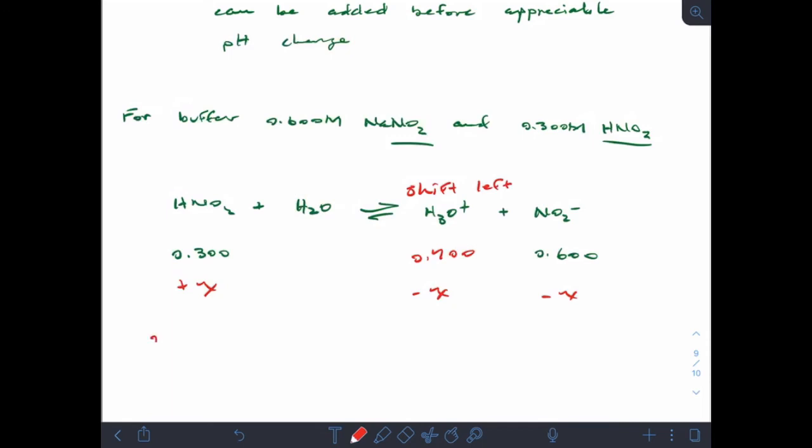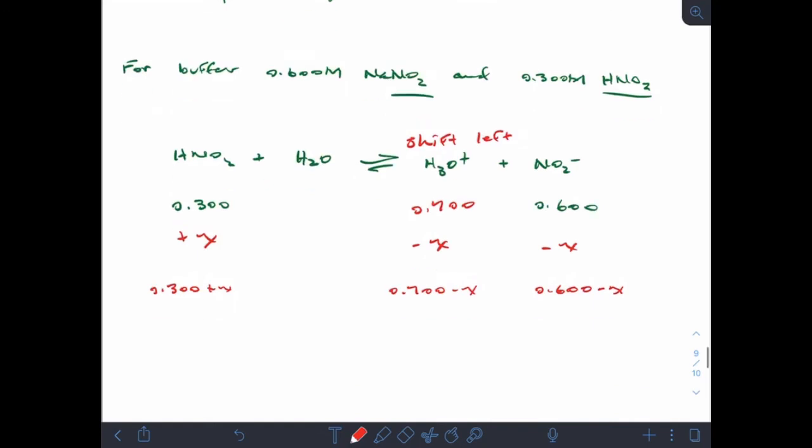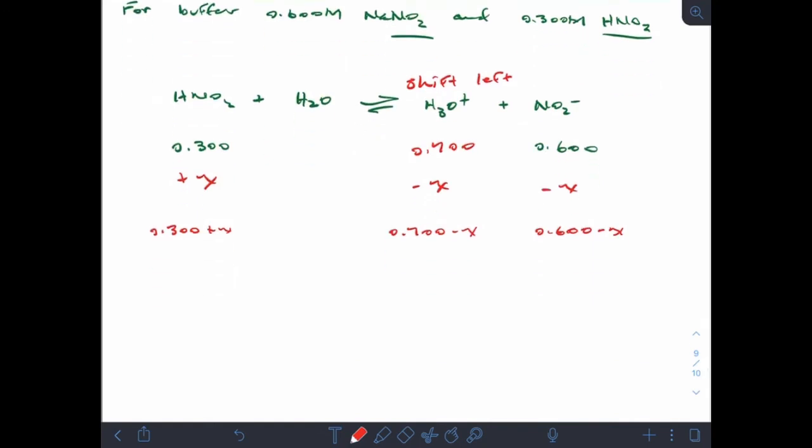In our change line, we'll have 0.3 plus x, 0.7 minus x, and 0.6 minus x. We can go through the quadratic, and I'm not going to belabor that process. We find that x equals 0.581.